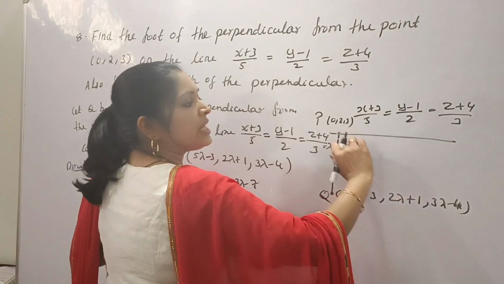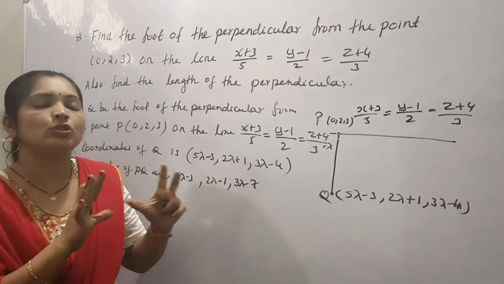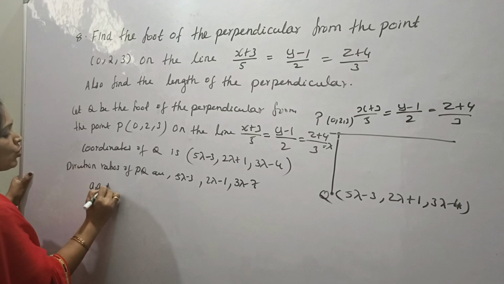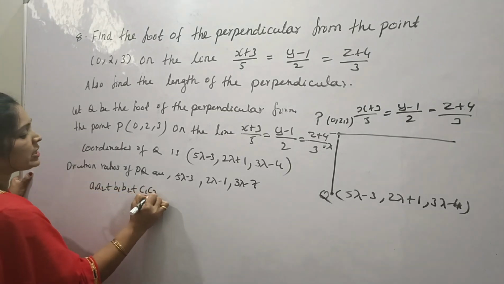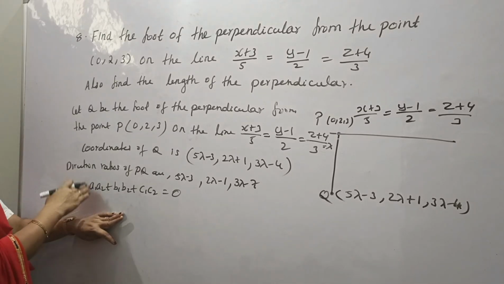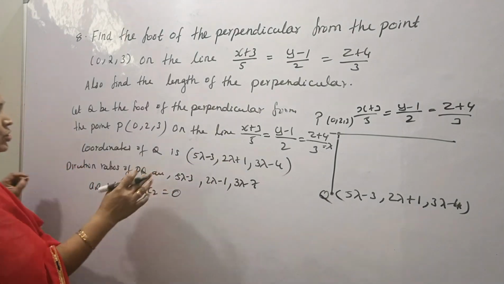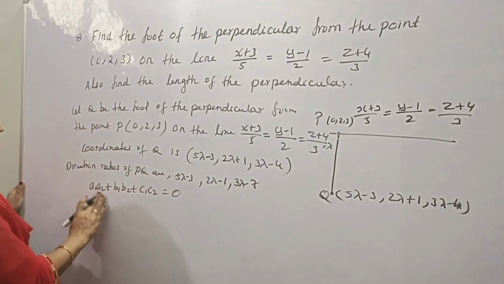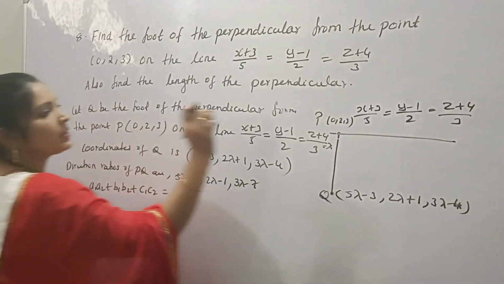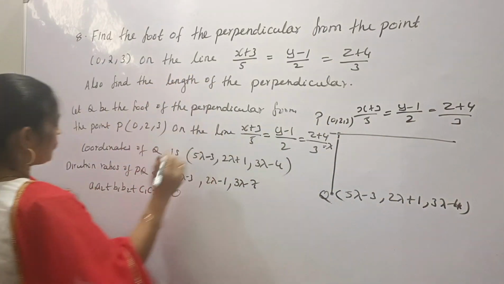And the direction ratios of the given line are 5, 2, 3. These two lines are perpendicular. We know that if two lines are perpendicular, then A1 A2 plus B1 B2 plus C1 C2 is equal to 0, where A1, B1, C1 and A2, B2, C2 are the direction ratios of the two lines.